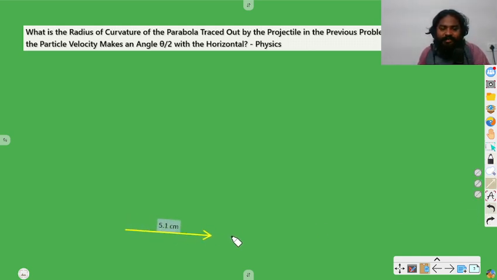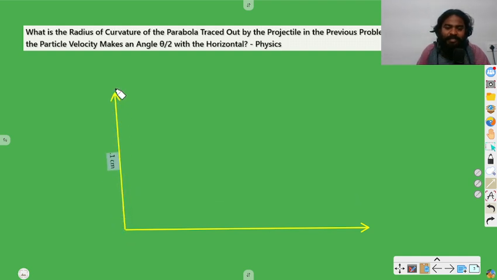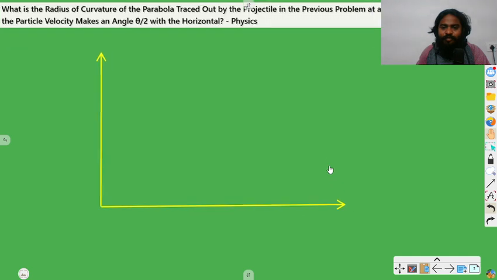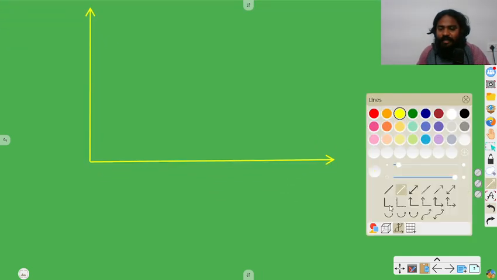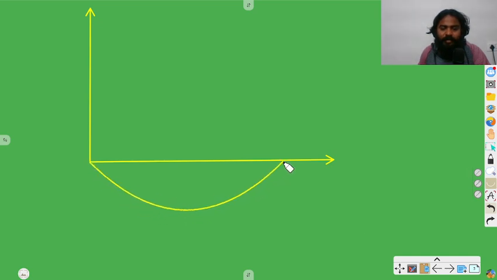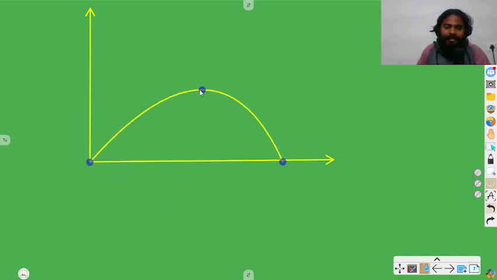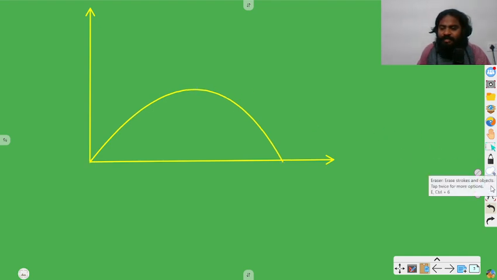Just imagine we have a projectile motion in this direction, with x-axis and y-axis.